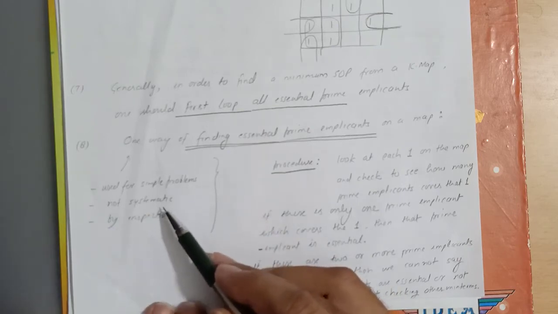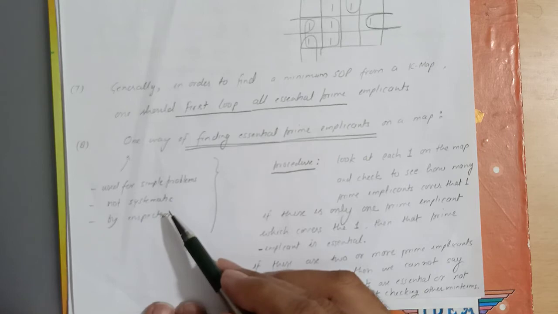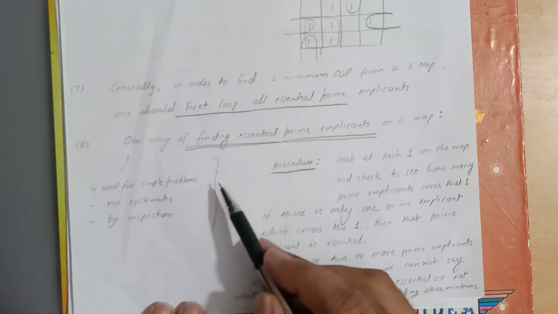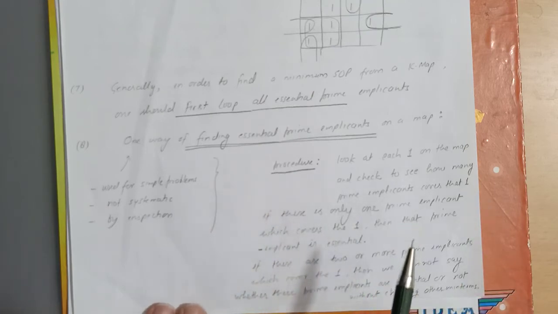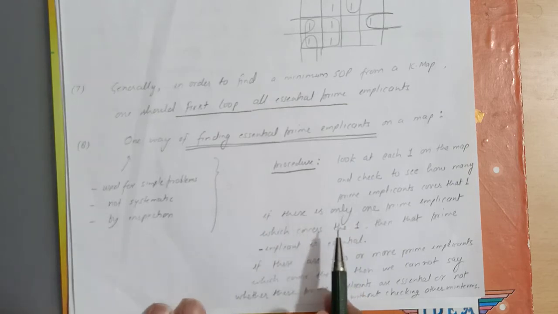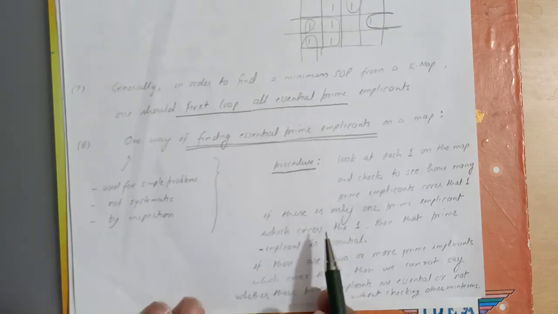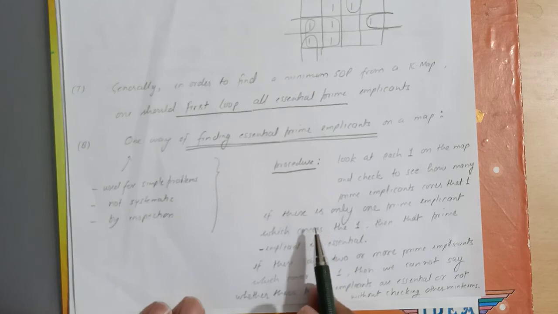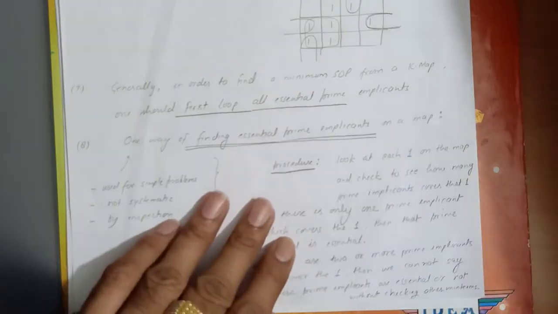It is not systematic, and we just solve the problem by inspecting the ones that are covered by one prime implicant. So we need to develop a systematic procedure to find the essential prime implicants.